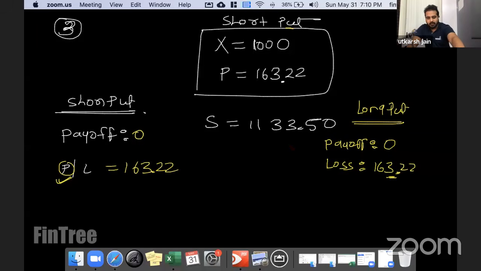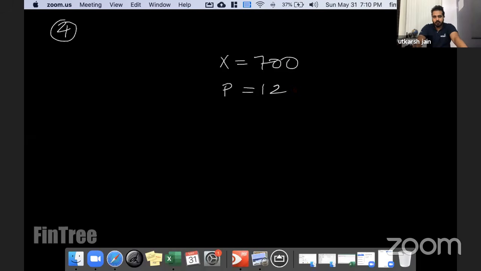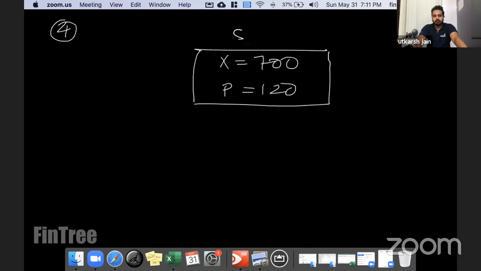All right. One last question, and then I'm going to take you to swaps. Let's do one nice pretty question. Let me make it slightly more tricky. Strike price is 700. Premium is 120. It is a short put. And the spot price is 650.